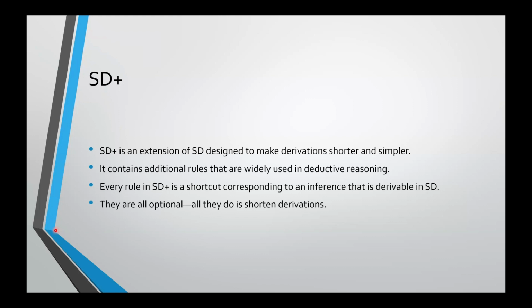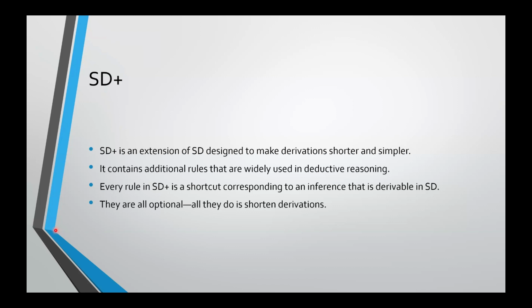The main thing that means is that the rules in SD are all optional, right? If you're ignoring a rule in SD, let's say that you decide that you don't like or elimination and you're just not going to use it, there are derivations that you just won't be able to complete because of this.